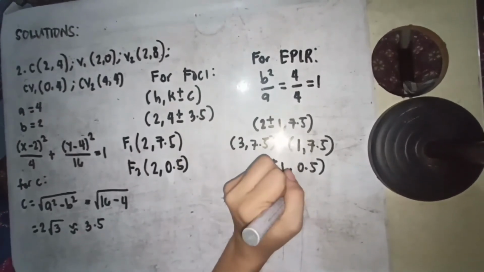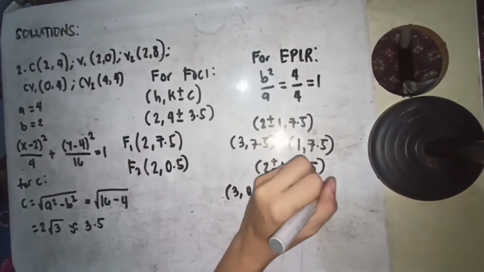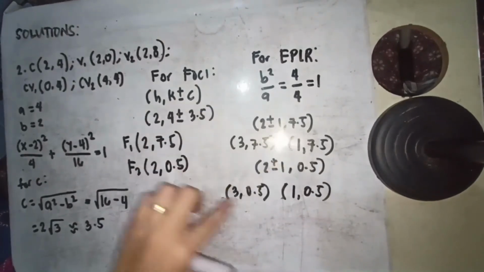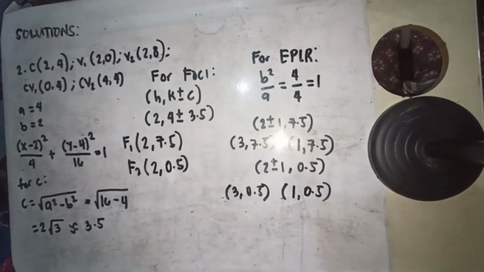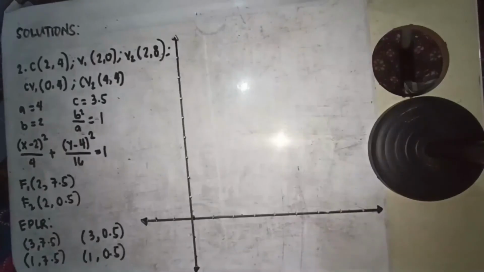Next, we have 2 minus 1, that is 1 and 0.5. So, mao ni siya ang ato ang endpoints of our latera recta. Okay, since complete naman ang ato ang points, therefore, pwede na nato i-plot sa Cartesian coordinate plane para mag-graph na nato ang ato ang ellipse.